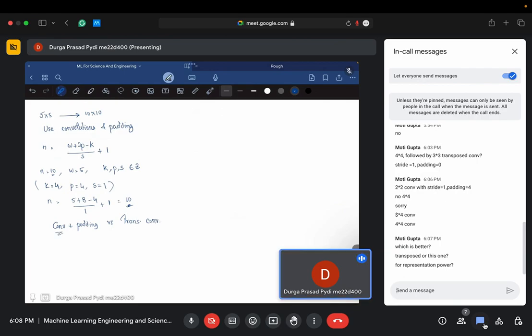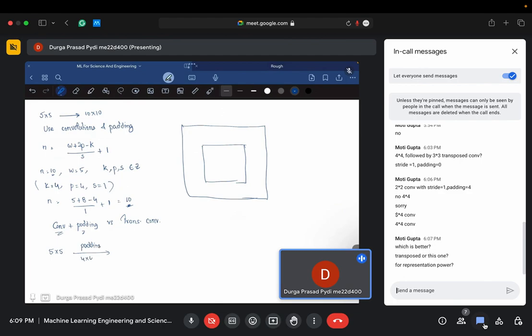What is happening in convolution plus padding? You are essentially adding zeros which were not originally present to the boundary. So you have added a padding of 4. If this is my original image, and now you have added a padding of 4, it becomes like this. The original 5 by 5 image, after adding padding of 4, what would be the size of the output image?